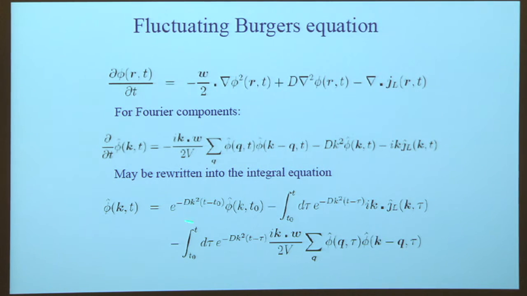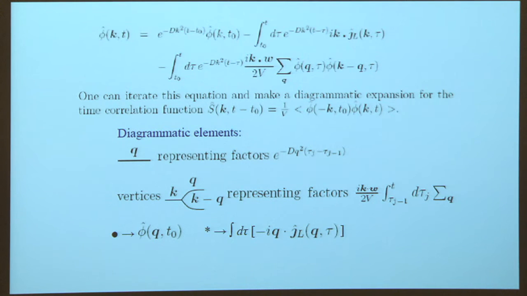The solution of the homogeneous equation gives you this, and the other terms give you that, and you see that you get a product of two phi's. You can use this as the starting point for an iteration. You insert this expression for either of the phi's and get terms with three phi's, and so on.